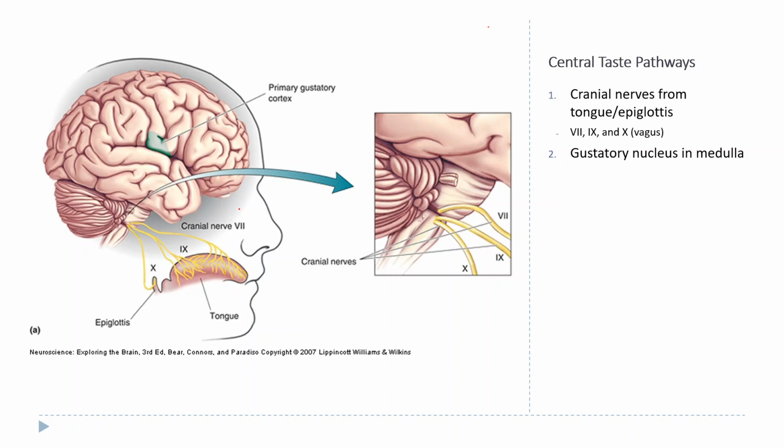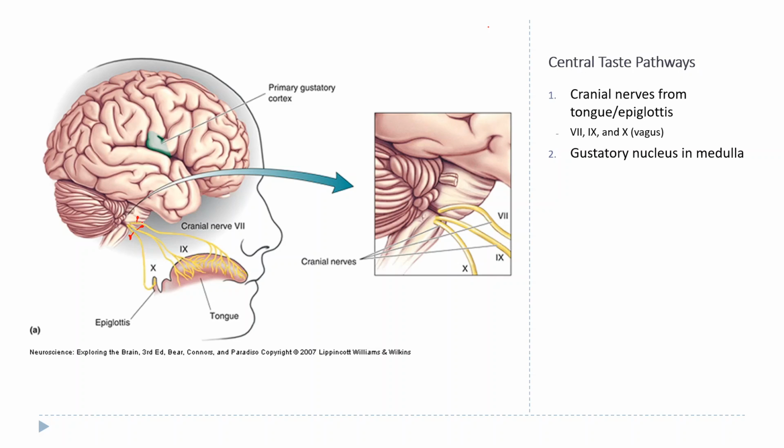First I should say, these cranial nerve sensory neurons have their cell bodies usually out right here, where they get close to the brainstem, but they have a central and a peripheral process, both of which are axons.